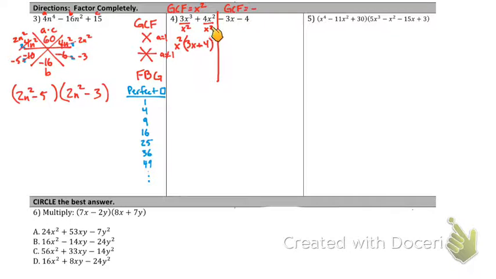Okay, so if you look, when you're doing factor by grouping, we have to have a GCF. So looking at the numbers, the only number that can divide 3 and 4 is 1. They do not have the same variable. So when there is no GCF at all, then you have to use the number 1 in this case. Negative 1 is the only thing we're going to use to divide 3 and 4.